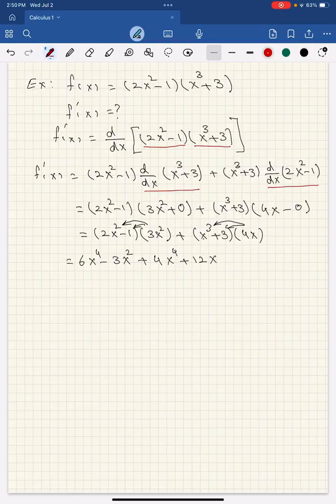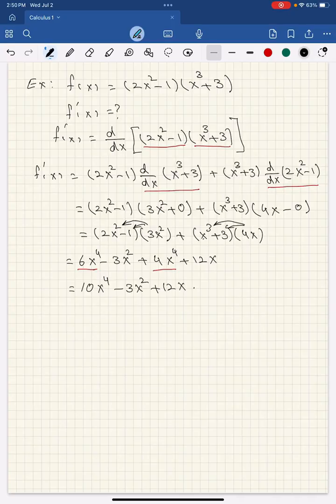Now, as you see, 6x to the power of 4 and 4x to the power of 4 are like terms, I will combine them. 6x to the power of 4 plus 4x to the power of 4 gives you 10x to the power of 4 minus 3x squared plus 12x, final answer.